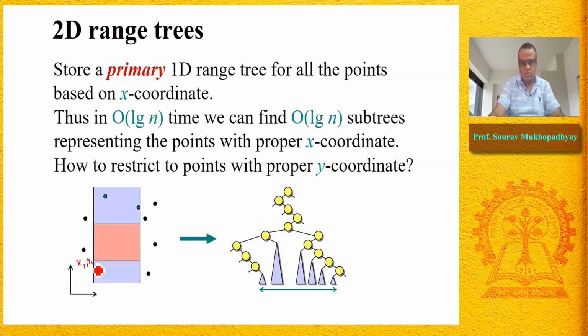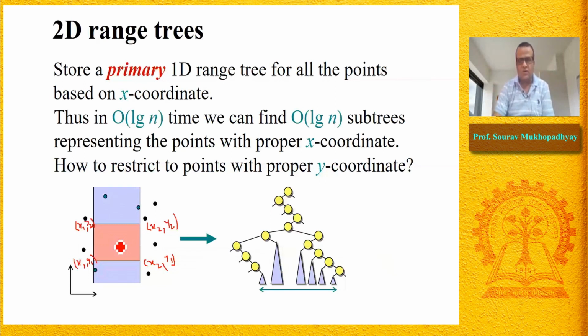Then this coordinate will be x2, y1, and this will be x1, y2, like this. We are given some rectangle in 2 dimensions, some range, and we have to find what points lie in this range.